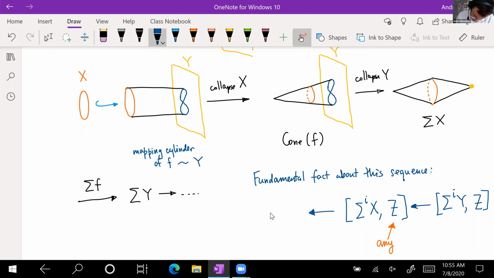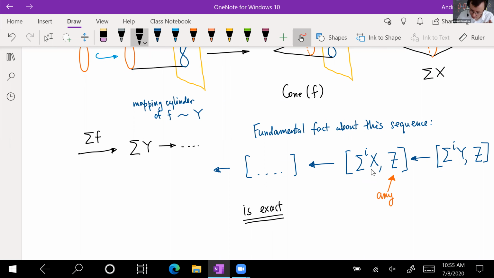What does it mean to have an exact sequence of sets? In fact, if I take the homotopy classes from the suspension of X, that already is a group.